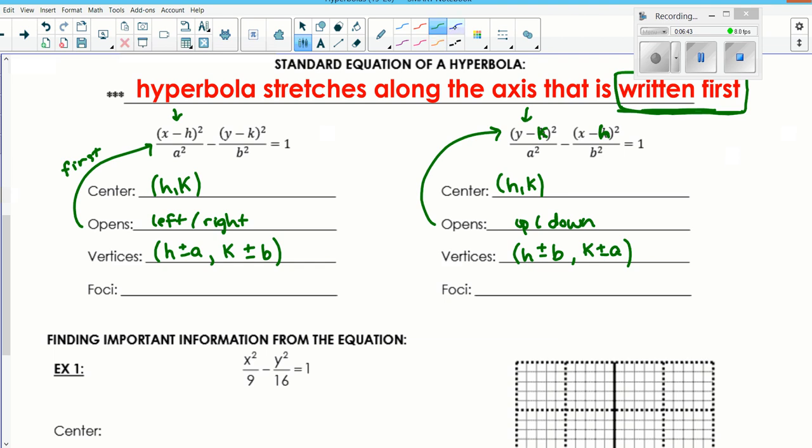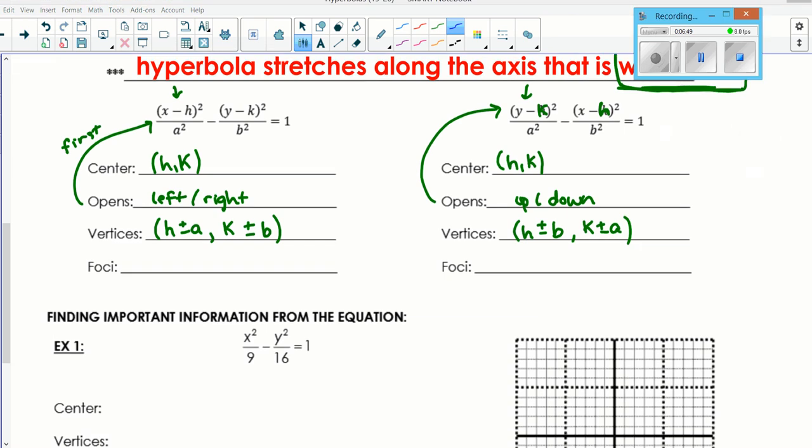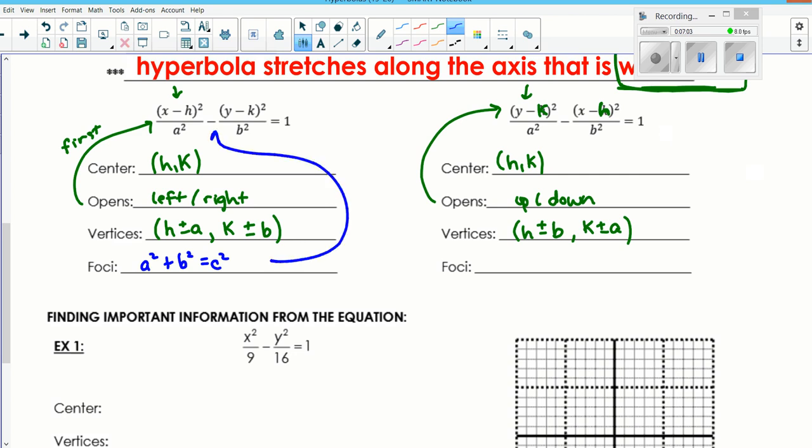Okay. Our foci is the last thing. We find our foci by using a similar formula to the ellipse, except we're going to use a squared plus b squared equals c squared, so it's actually the Pythagorean theorem. Notice that this right here is a minus sign, which is why we use a plus sign in the equation.